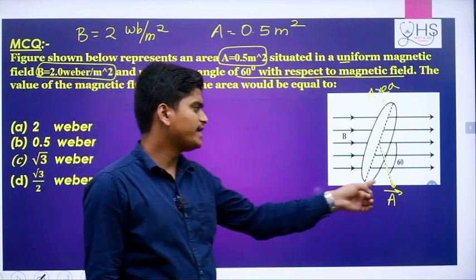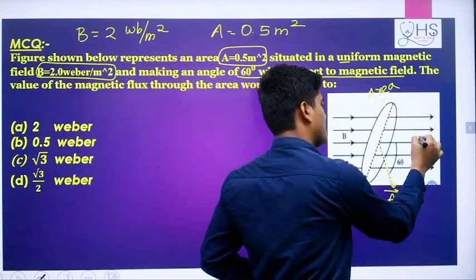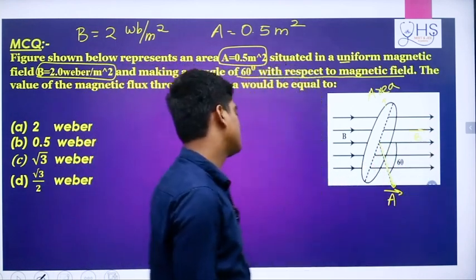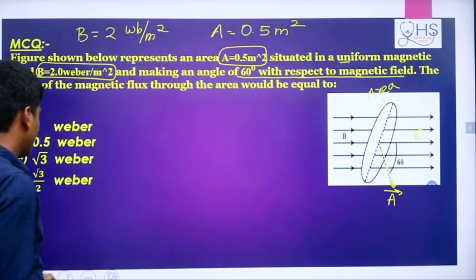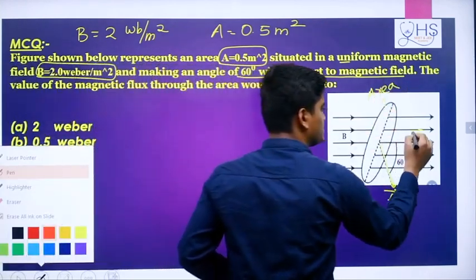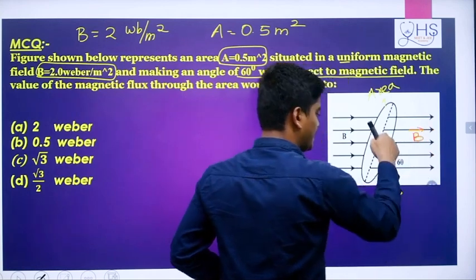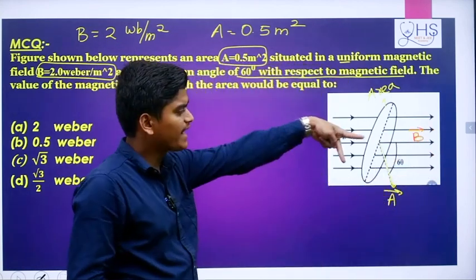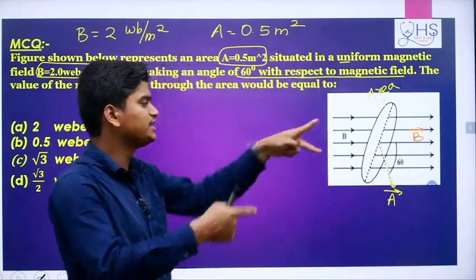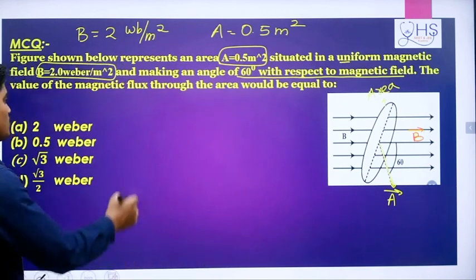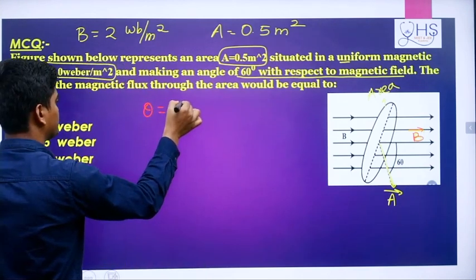The area vector and magnetic field make an angle of 60 degrees. This is the magnetic field B and the area vector is like this. So theta equals 60 degrees.